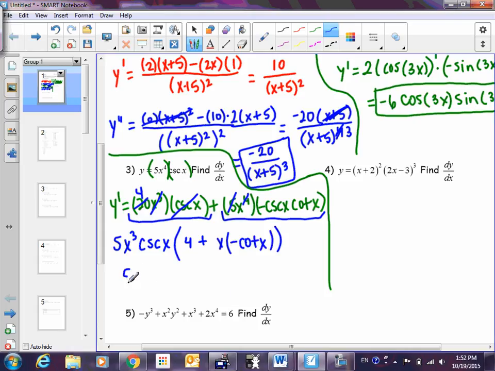And probably the only thing that we would see in multiple choice is that inside part would be written as 4 minus x times cotangent x. I'm not saying the answer choice would for sure be factored, but it might be, and this is just a good thing to practice. Because problems like number 4 will for sure be factored. Okay, so this is probably what the multiple choice would look like.